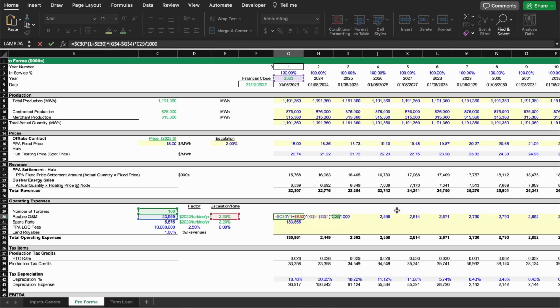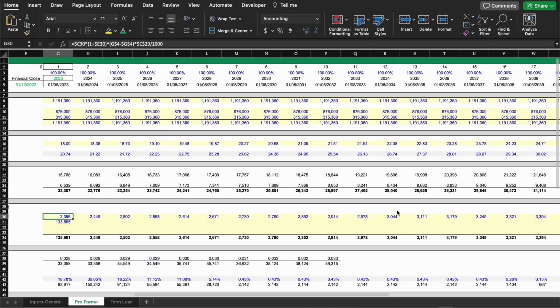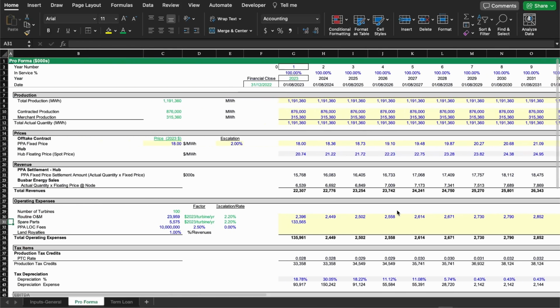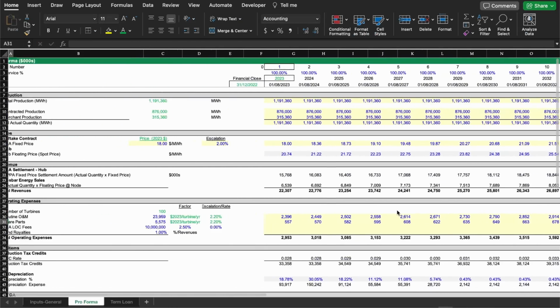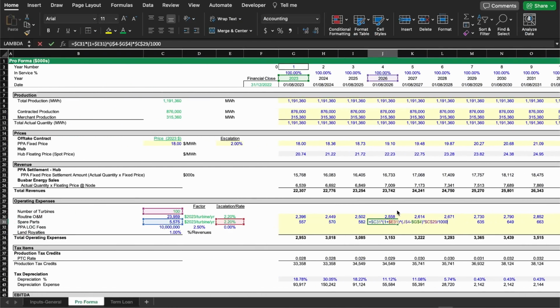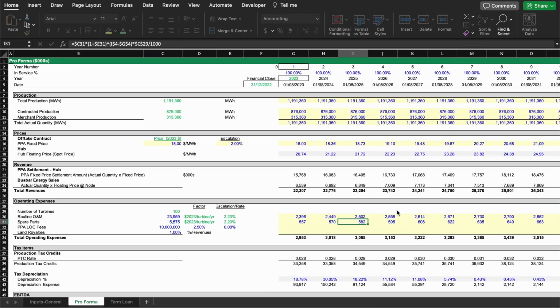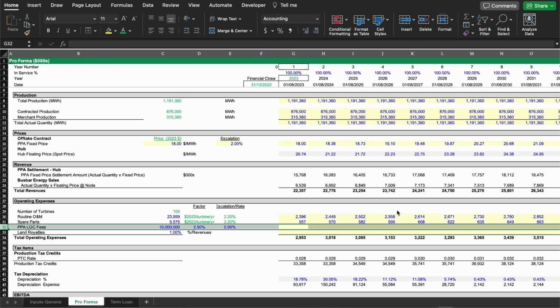I should also anchor for the cell. So let me copy and paste, right? And now I'm gonna go back here. I'm gonna press Ctrl D, and everything is fine. If I copy and paste across, everything seems to be fine here too. So we have $500,000 for the first year in spare parts.